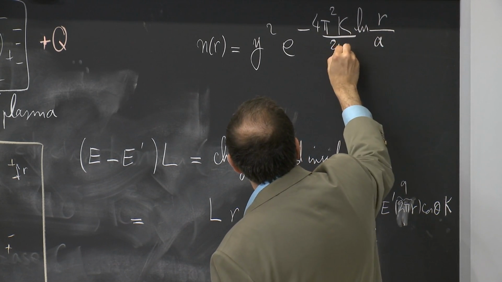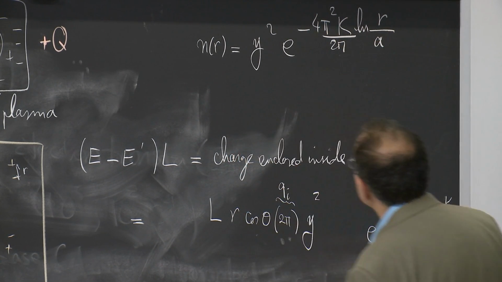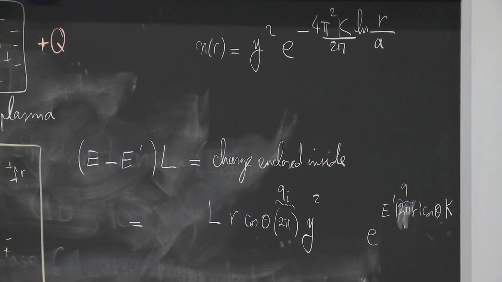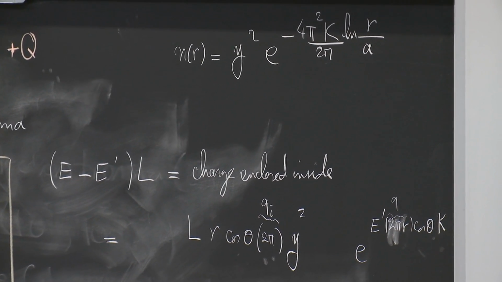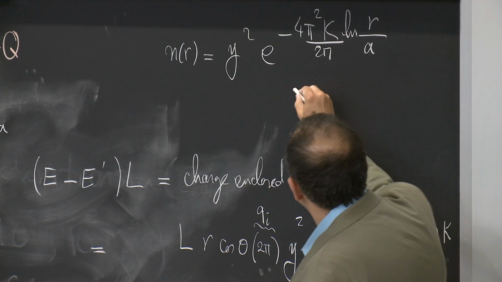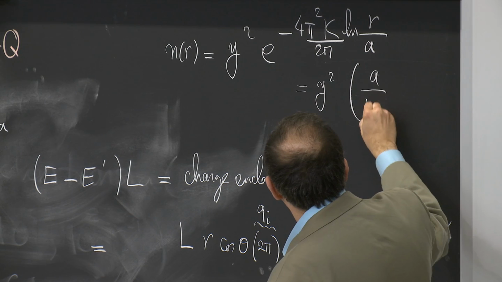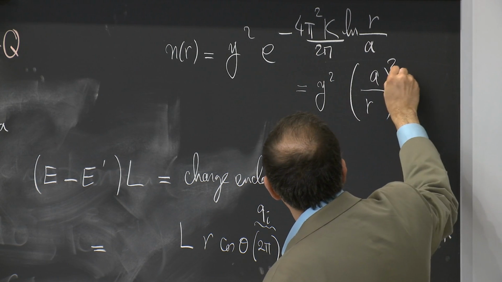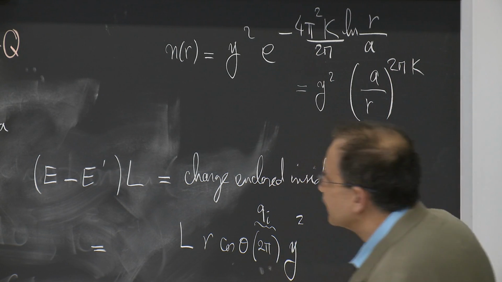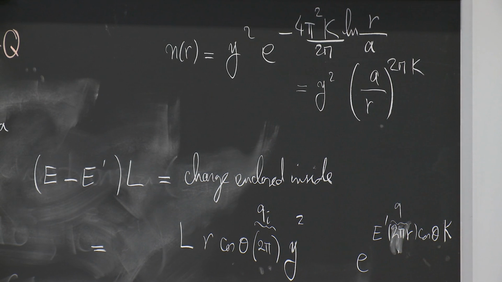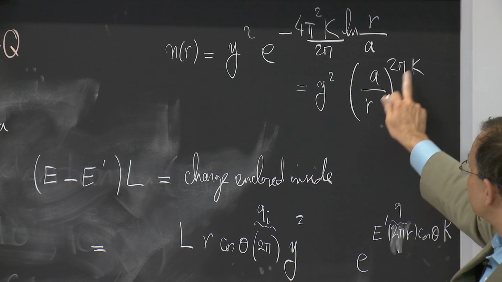And then there's a factor of 2 pi because the Coulomb potential is this. So this is going to be y squared a over r to the power of 2 pi k. The further you try to separate these things, the more cost you have to pay.